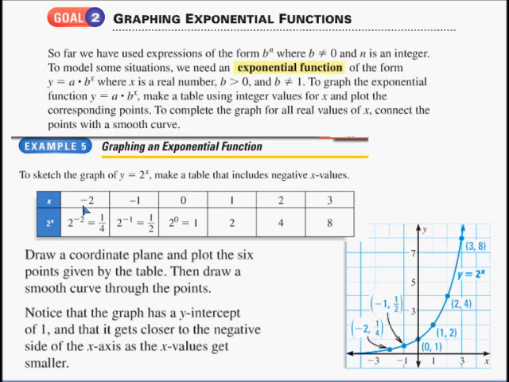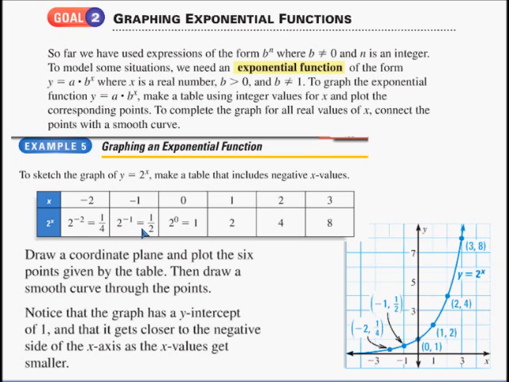So if we put x in as negative 2, then we would have 2 to the negative 2, which is the reciprocal because it's a negative. So that would be 1 over 2 squared, or 1/4. We can also do that again with negative 1. We would have 2 to the negative 1.